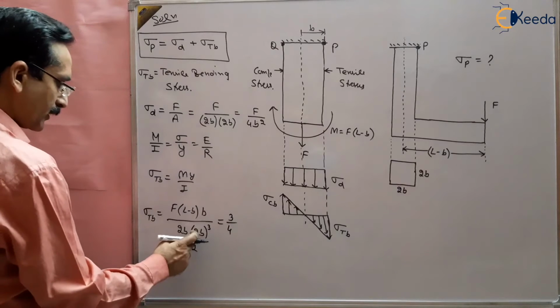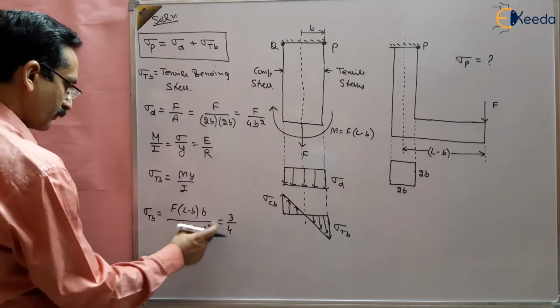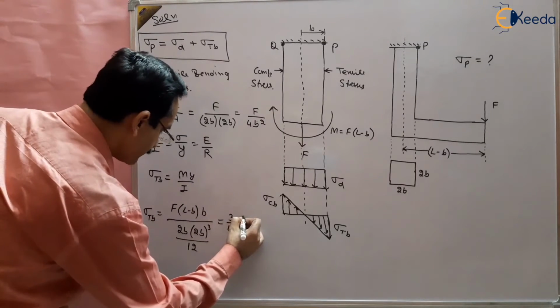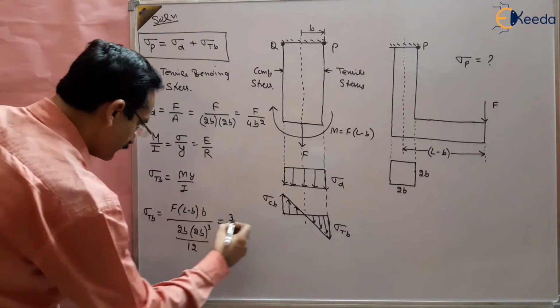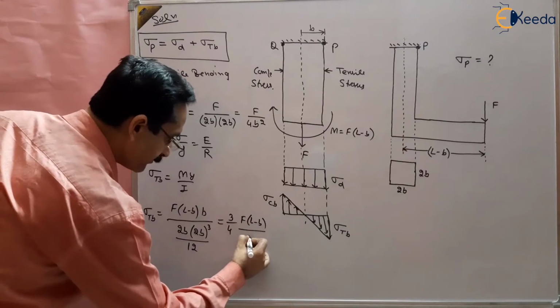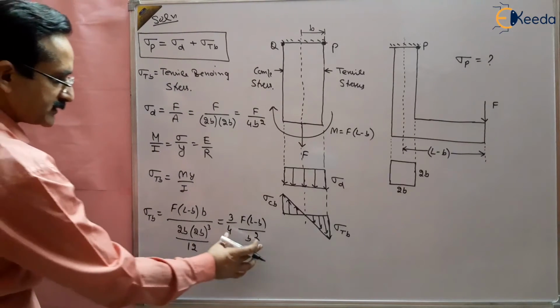So 3 by 4 F, b and b cancel, so F(L minus b) upon b square, right? So sigma TB, the tensile bending stress, is this.